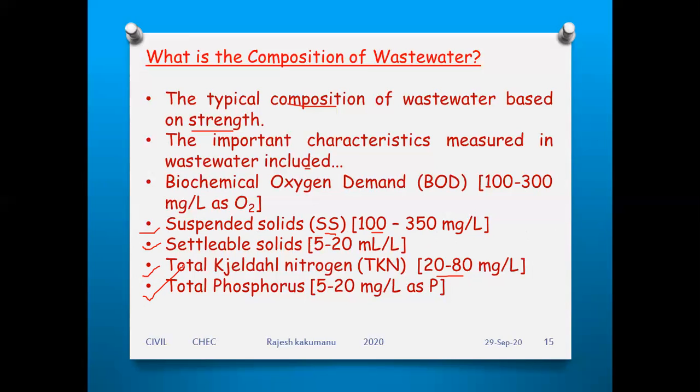So the composition of wastewater has biochemical oxygen demand, suspended solids, settleable solids, total nitrogen, and total phosphorus. If you come across any question on the composition of wastewater, you can write these clearly, right?